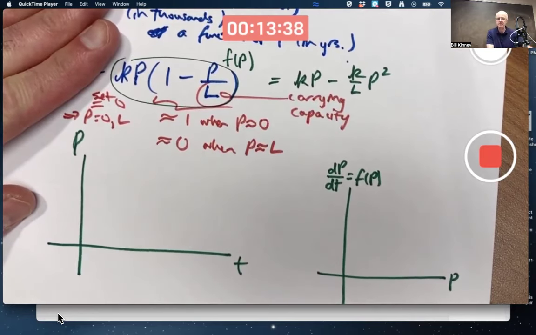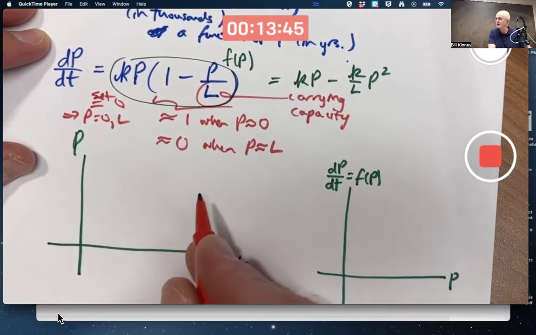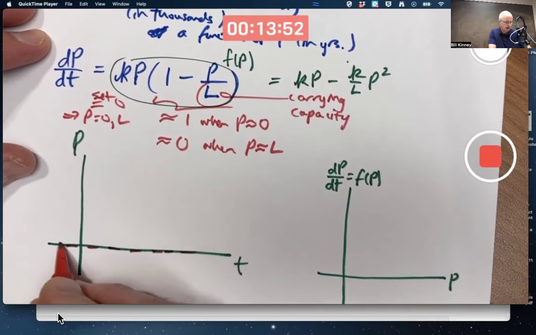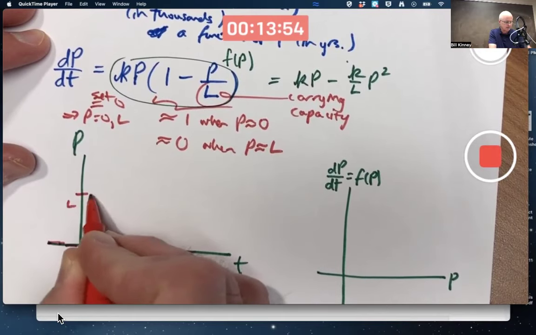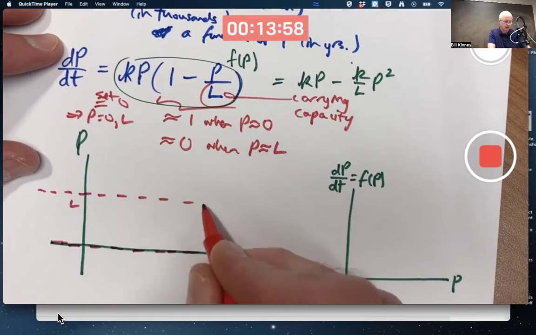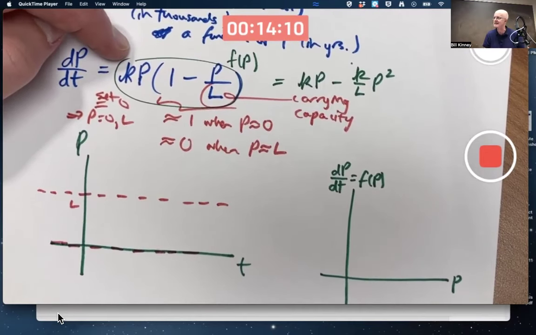With regard to the slope field for the differential equation, those are the horizontal lines where the slope marks are going to have 0 slope. P equals 0 and p equals L. In the slope field, you're going to have horizontal lines with a slope of 0 because those are points whose p coordinate, whose second coordinate makes the right-hand side 0.